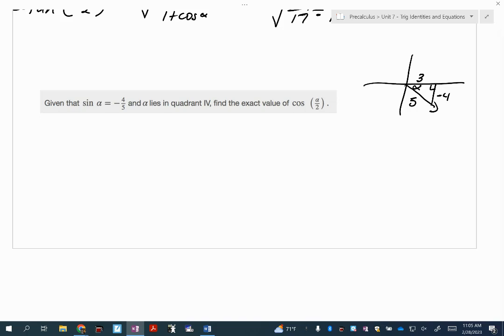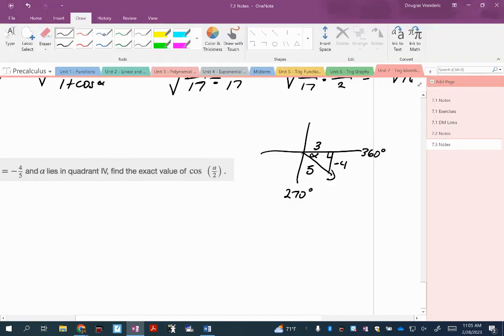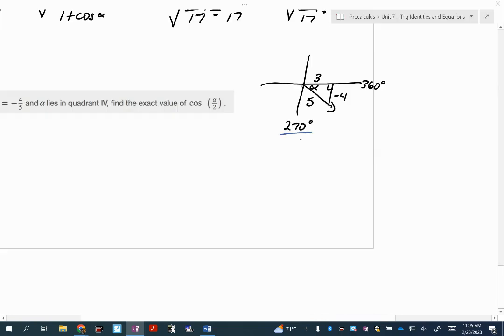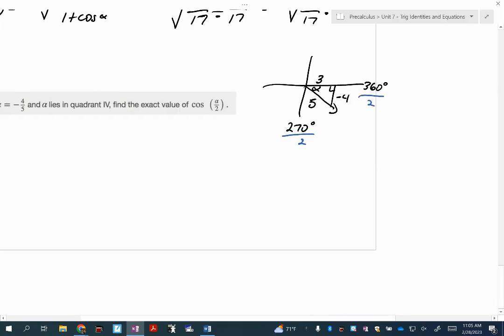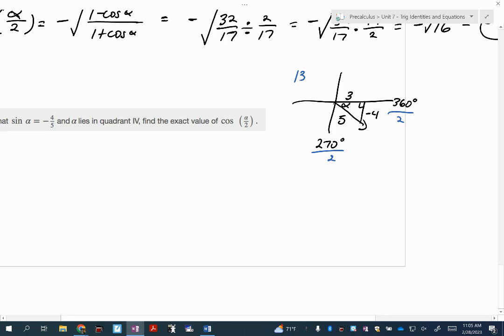We need to find the exact value of cosine of half of alpha. Again, if it's in quadrant 4, that's between 270 and 360 degrees. So let's cut those in half. If we divide them by 2, we already know 270 divided by 2 is 135, which is in the second quadrant, and 360 divided by 2 is 180.